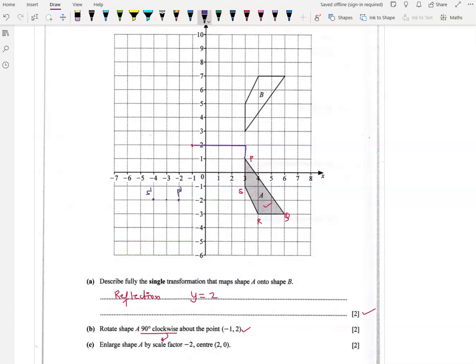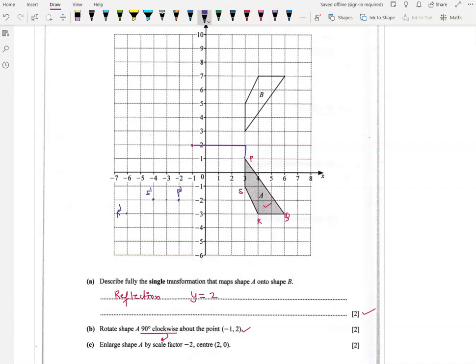Point R is 5 right and 5 down. So it will be 5 down and 5 left. So you reach here, and the last point, point Q, from the center is 7 right and 5 down.